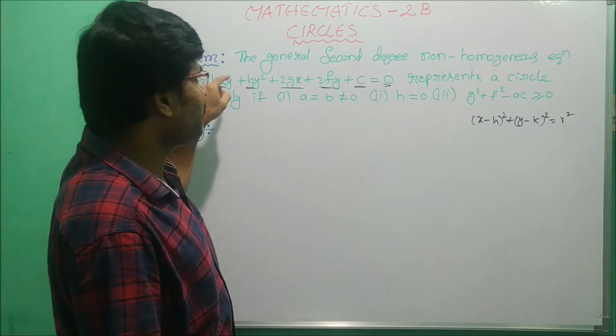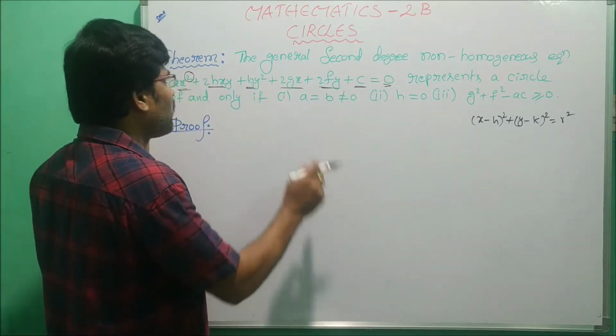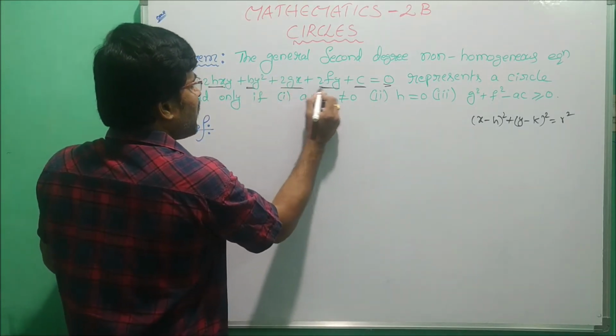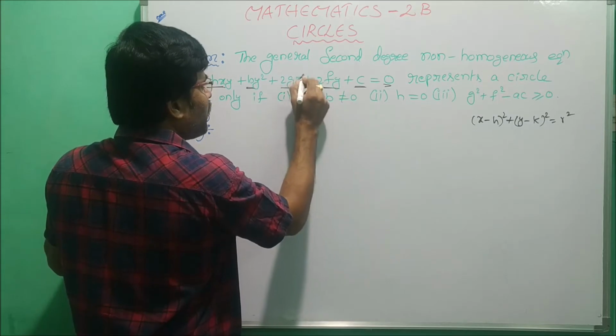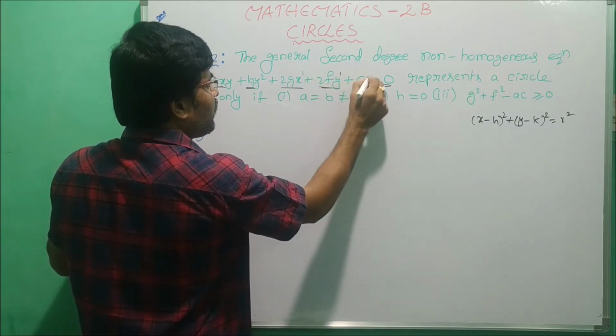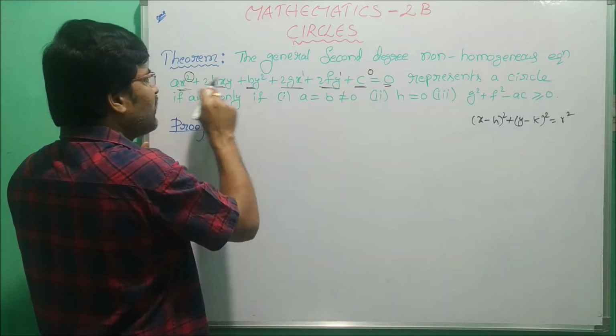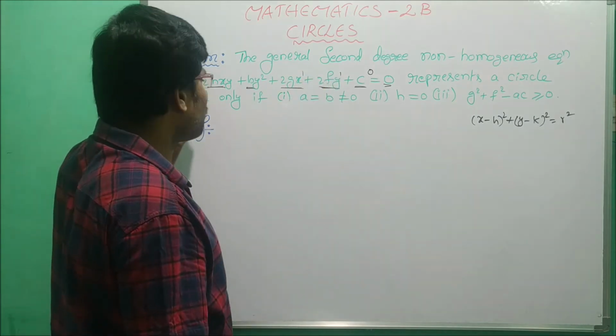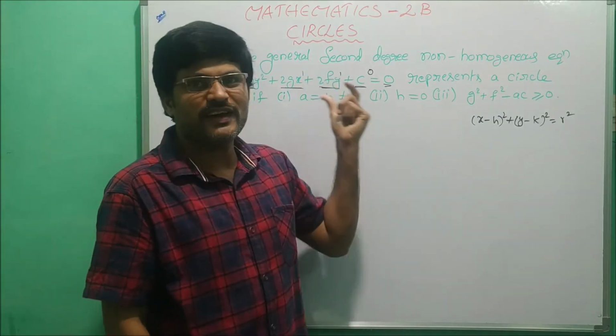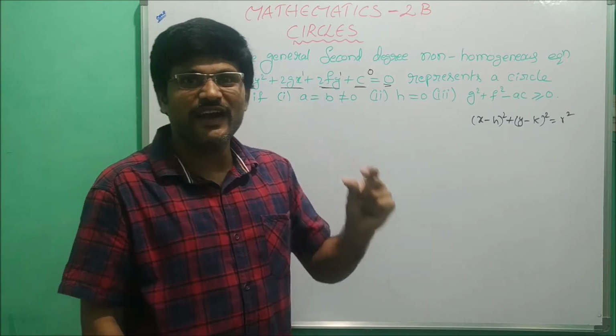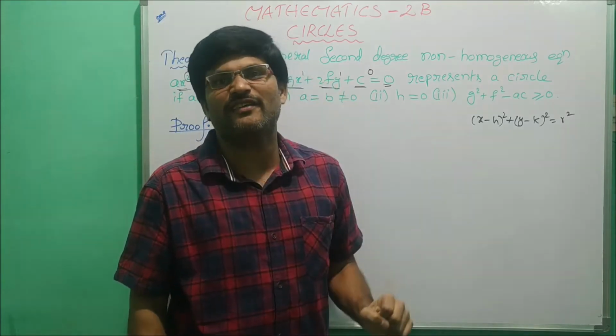It is non-homogeneous because in 2gx, 2fy and c, the exponents are 1 and 0. So each and every term is not of degree 2. Therefore this type of equation is called a second degree non-homogeneous equation.